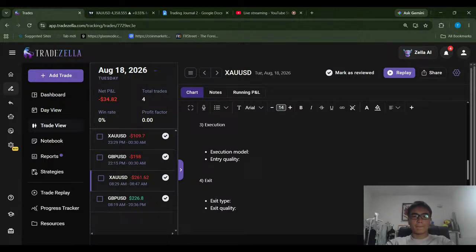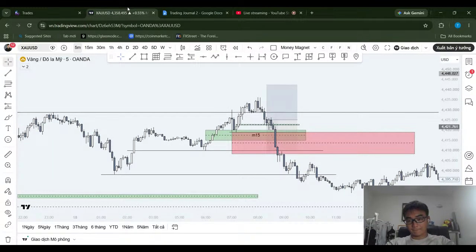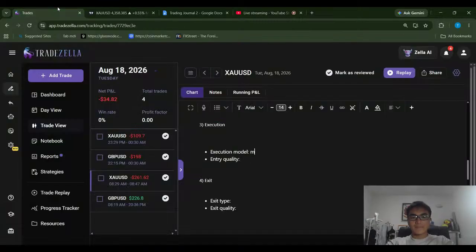Execution model: M5 reaction, M15 bullish FVG. Entry quality: pretty good, 77, good.